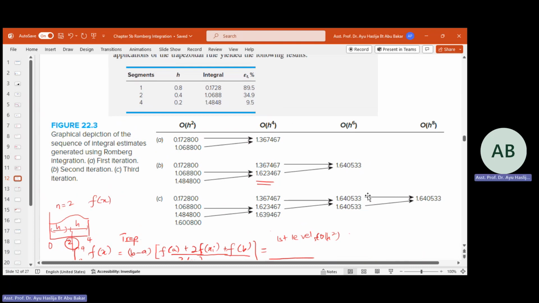Okay, here you can see the difference just now. First level, this is the value, OH2, K equals 1. From the first level, we move sideways to second level, where OH4.